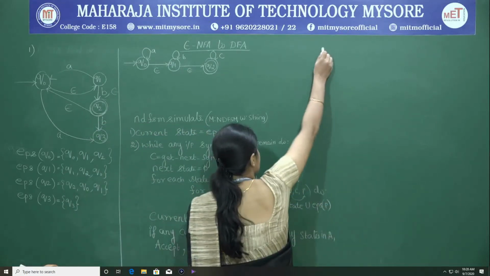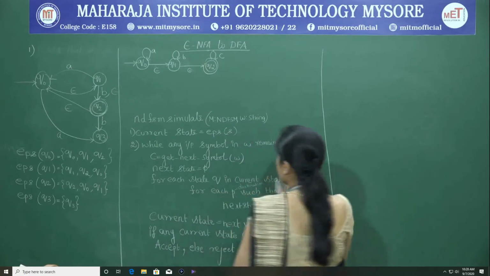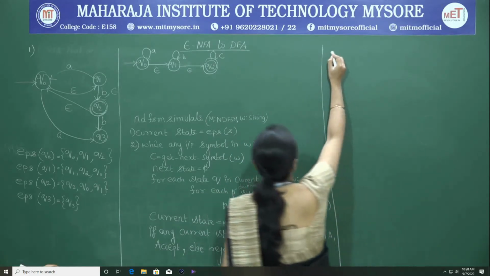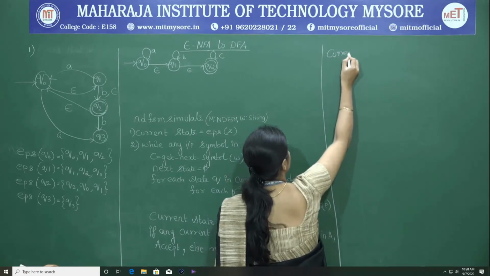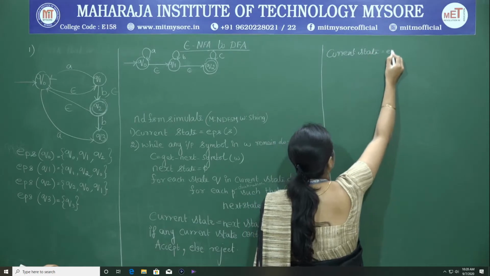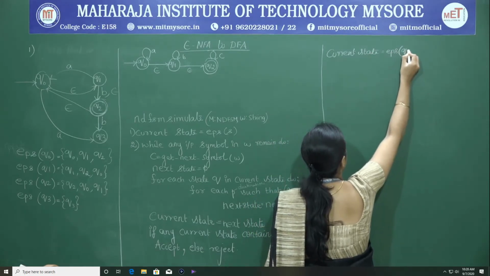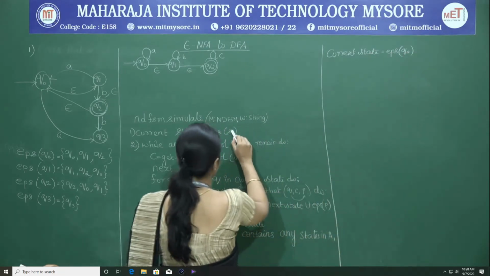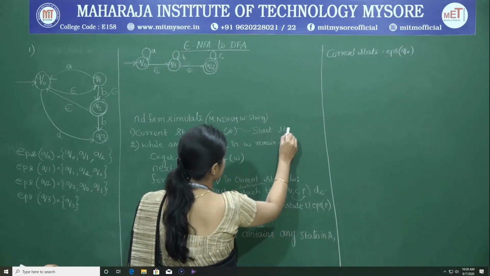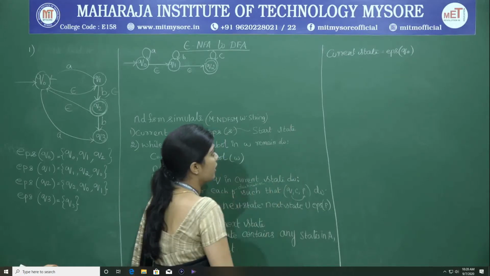Now we are going to follow the steps we have written here. In the first step we write the current state is equal to EPS of Q0, because S is nothing but the start state of the given epsilon NFA.